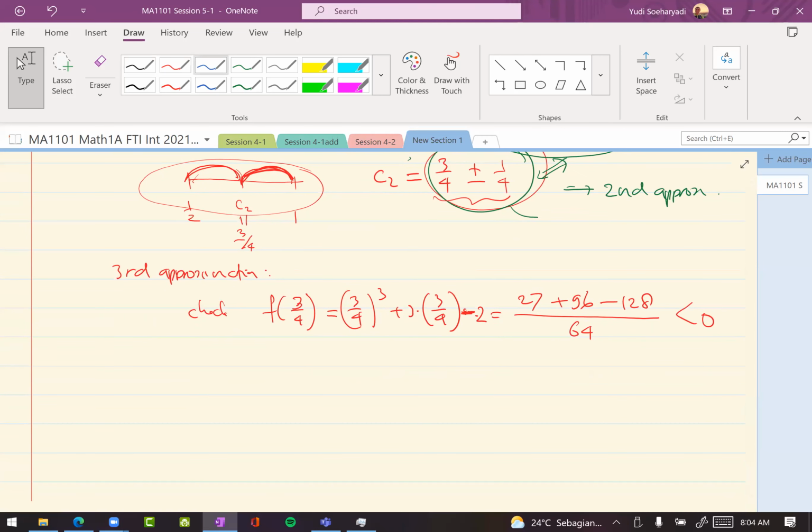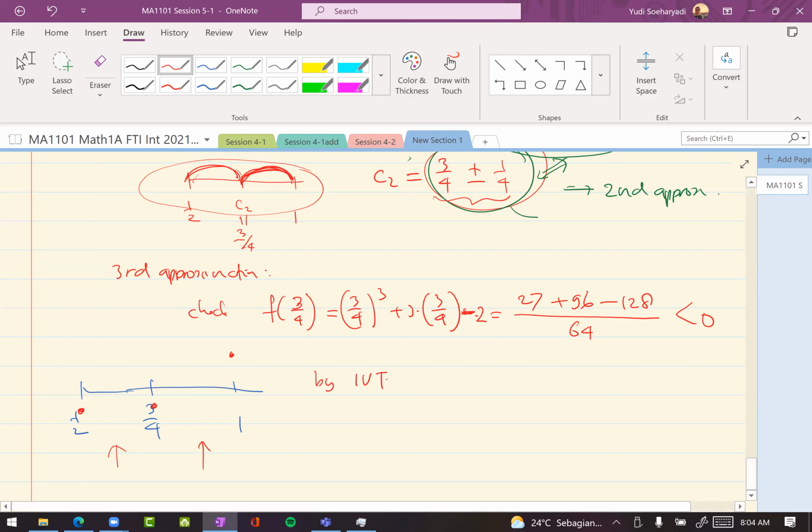So here's our situation. Here's negative, here's negative, here's positive. So guess what? Where's the root located, here or here? Where is c3 located?